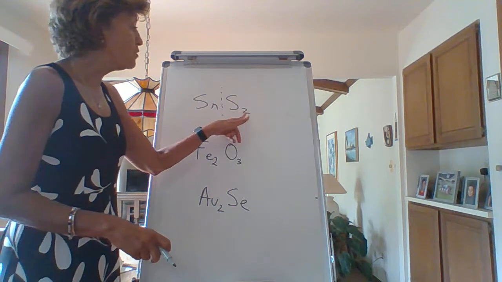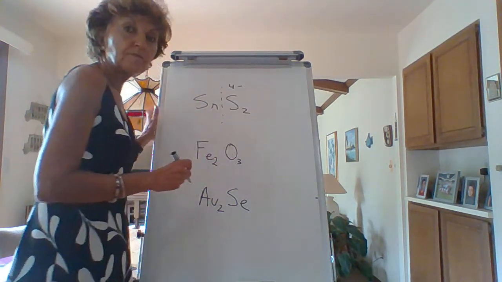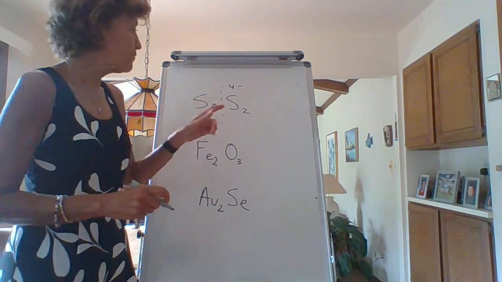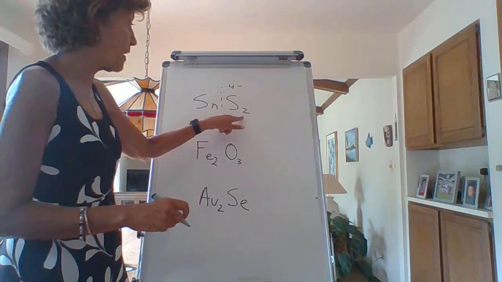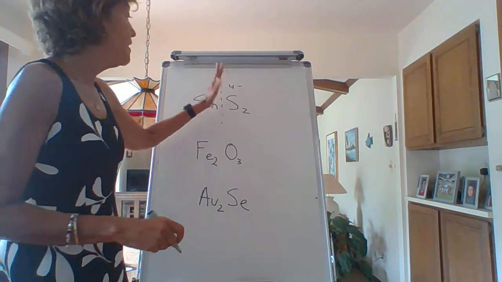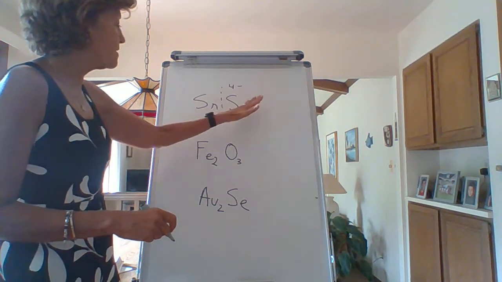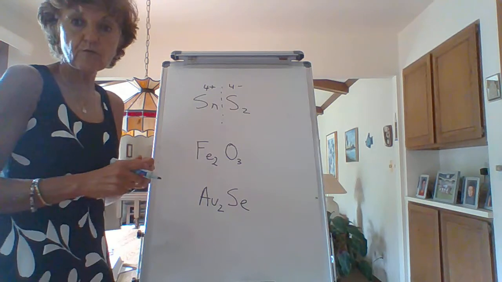So -2 times 2 is -4. Do you see where I'm getting the -4 from? Each sulfide is -2, but I have 2 of them. So -2 times 2 is -4. So if this side of the dotted line is -4, this side of the dotted line has to be +4.